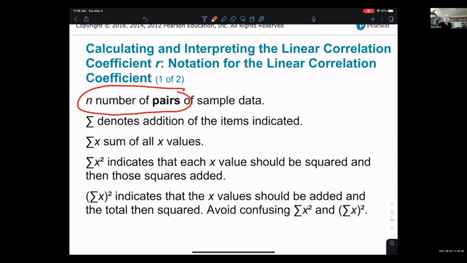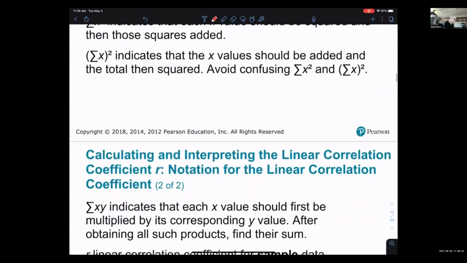And there'll just be one N value because since all the pairs are matched, you're not going to have different numbers of X's than you do of Y's. They're all matched together. So in this case, you can think of N as the number of points on the scatter plot, and each point coming from a matched pair of data values. But there's going to be X's and, well, they're setting up the notation here in order to do formulas, which we're not going to use. So I'm going to move forward through this.